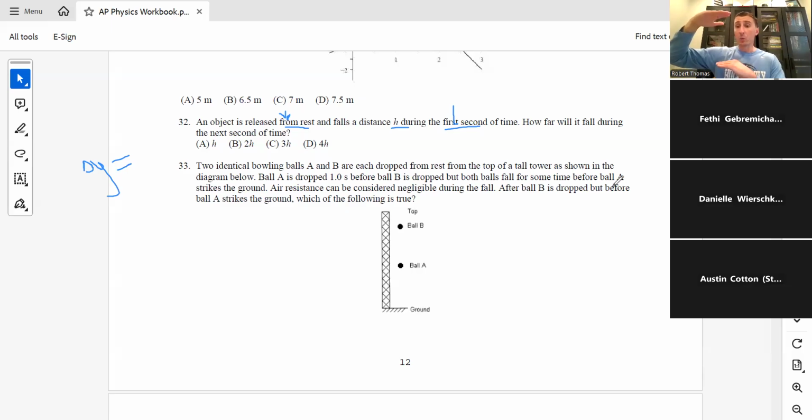And then instead of going to 1 second, I'm going to go 2 seconds. So that gives you from 0 to 2, right? Then I take the first delta y, that was the first second, and subtract it from the total delta y, and that's how much it went the second second. Does that make sense? Yeah, that makes sense.